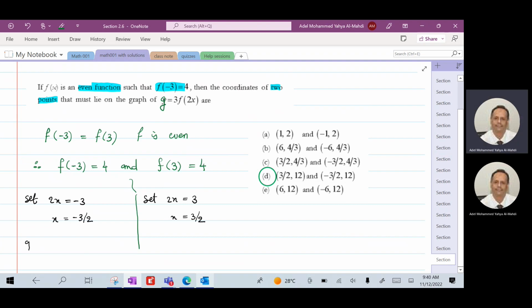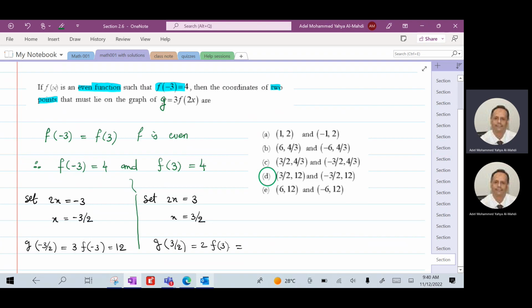Then j at minus 3 over 2 will be 3 f at minus 3, which equals 3 times 4, 12. And similarly, j at 3 over 2 is 3 f at 3.